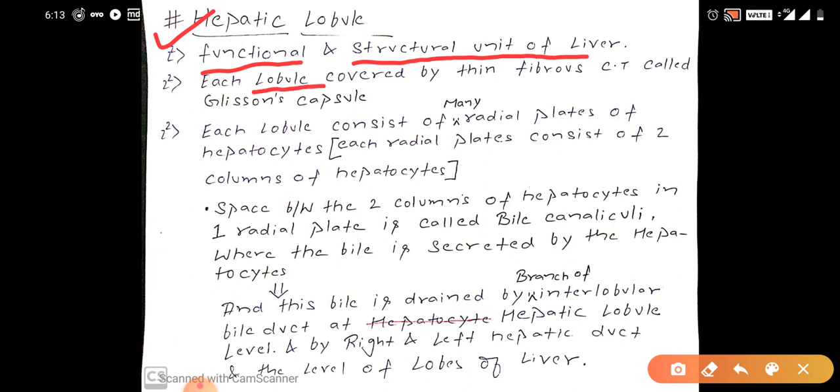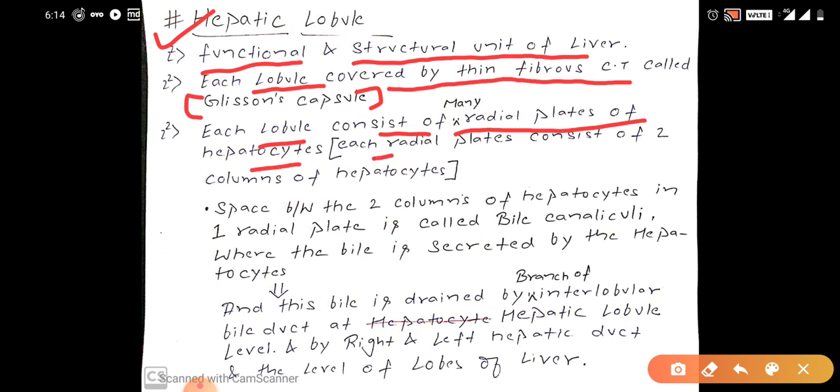Each lobule covered by thin fibrous connective tissue called Glisson's capsule. Each lobule consists of many radial plates of hepatocytes, as I told, as a spoke. Each radial plate consists of two columns of hepatocytes.